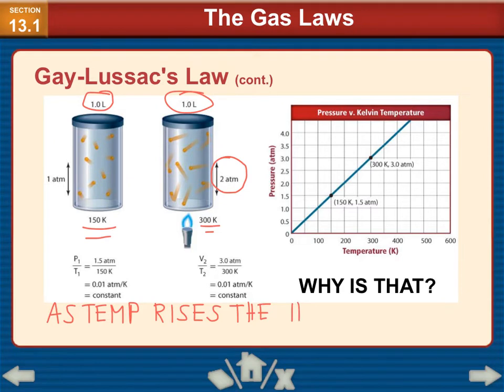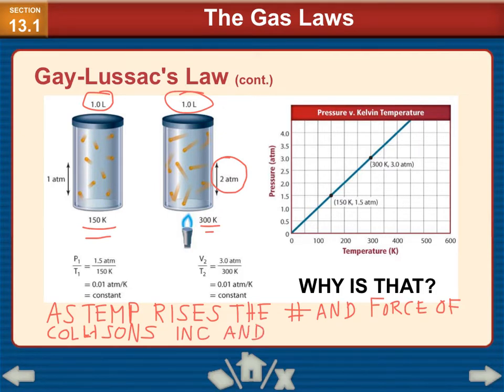So as we go from 1 atmosphere pressure at 150 K, the pressure doubles to 2 atmospheres at 300 Kelvin. And the reason is that as the temperature rises, the number and the force of the collisions of the gas particles on the sides of the wall of the tank are going to double.